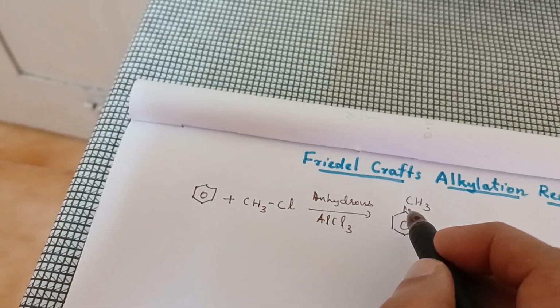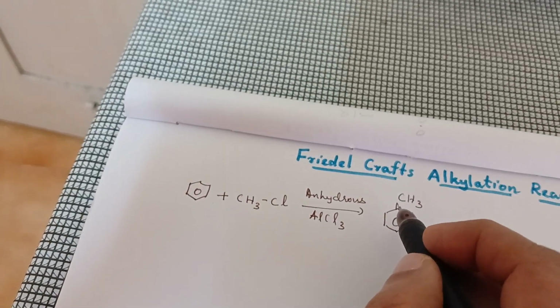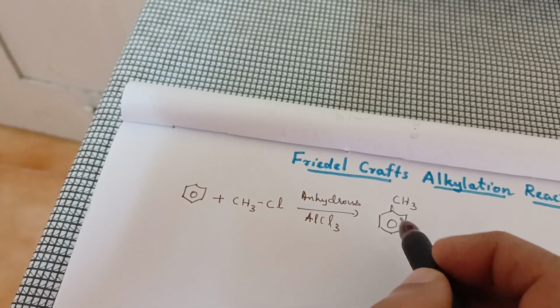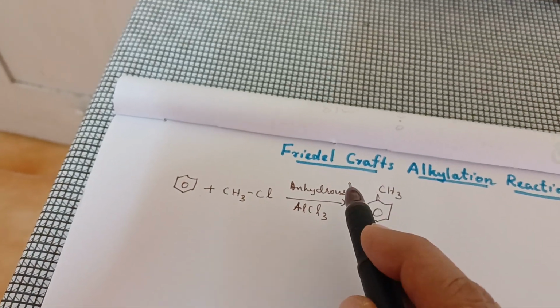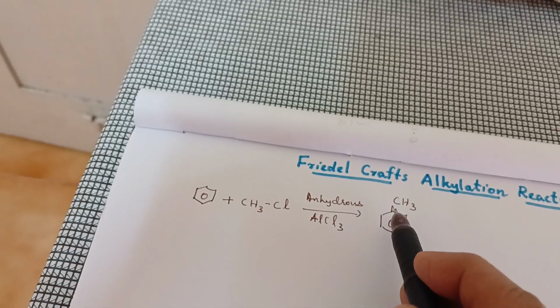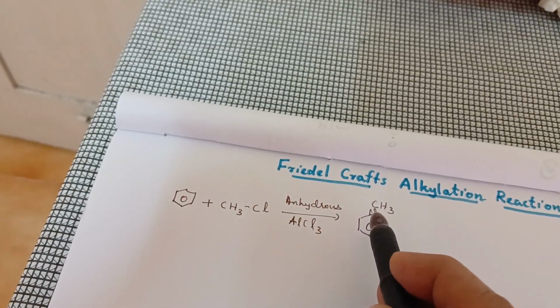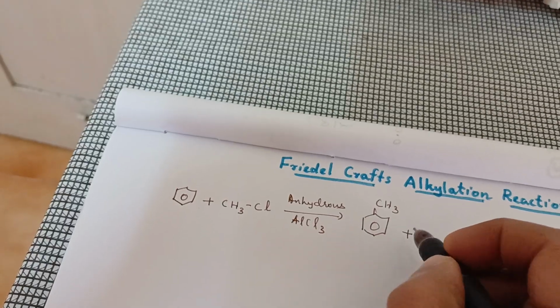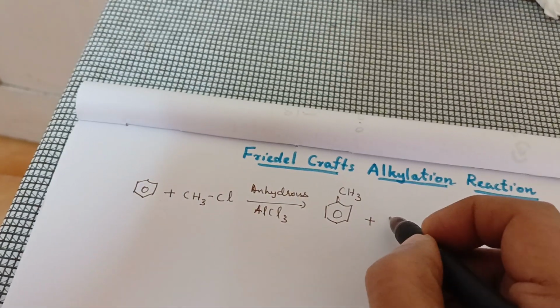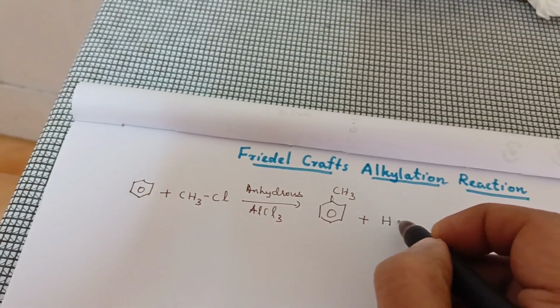CH3 is coming in the place of the hydrogen on the benzene ring. You know that on each carbon of the benzene ring there is a hydrogen. So one hydrogen from here is getting replaced or substituted by this CH3, and that hydrogen, with the chlorine, will give you HCl.